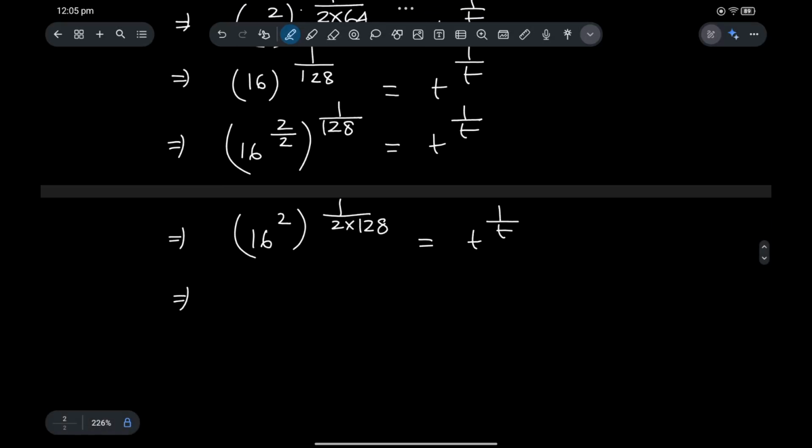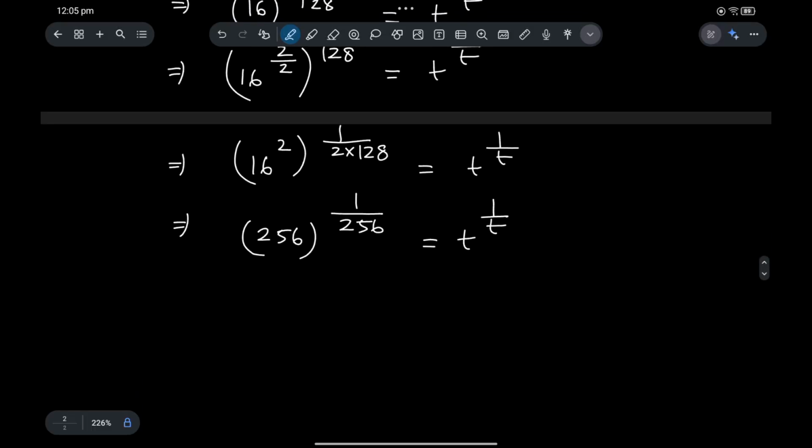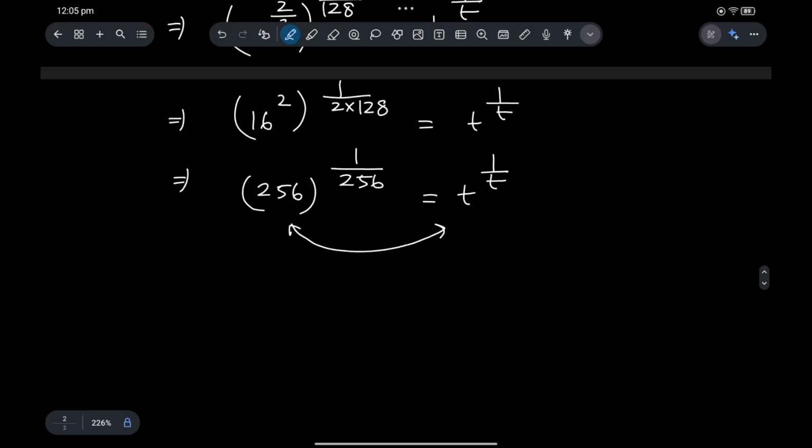That simply 16 squared is equal to 2 to the power 8, and the power will be also 1 by 2 to the power 256. So if we compare both sides, we get t equals 256. So this is our final solution.